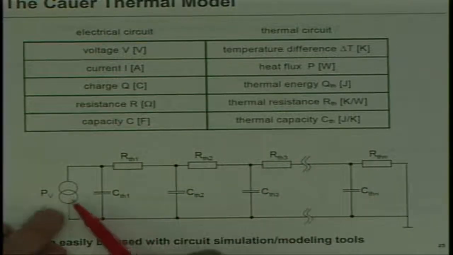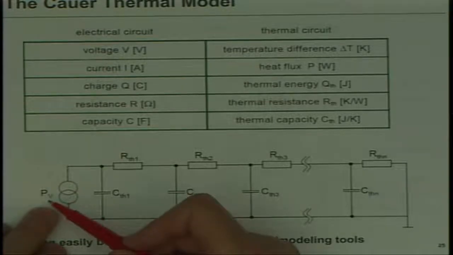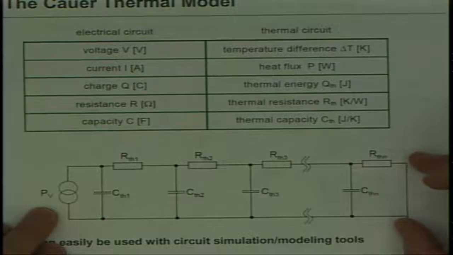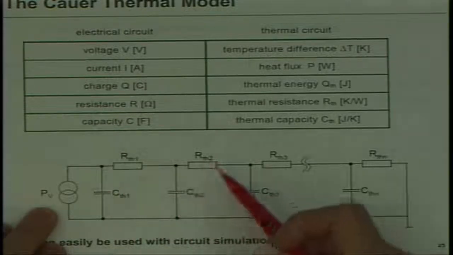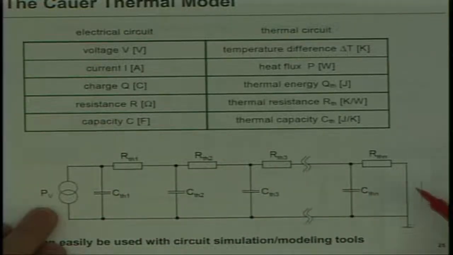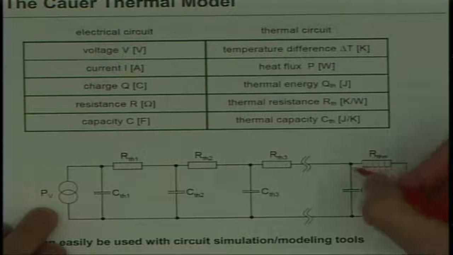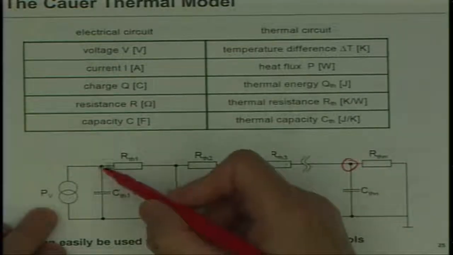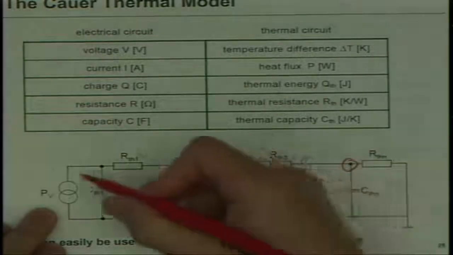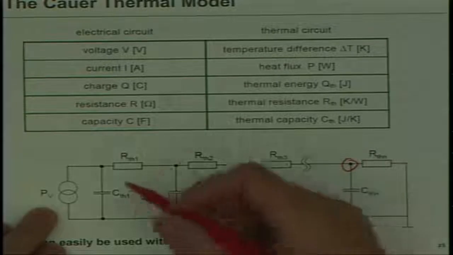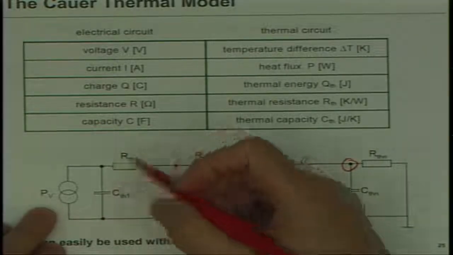So by using this, if I know what my dissipated power is, I can use this electrical analog and say, here's my power I'm dissipating in my switch. I know these parameters. They're given to me on the data sheet. And I can then say, what's my junction temperature? I can define my case temperature. And you can look at every point along the way and determine temperature, which is the voltage across that node.